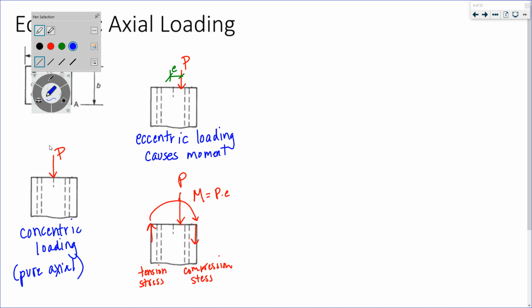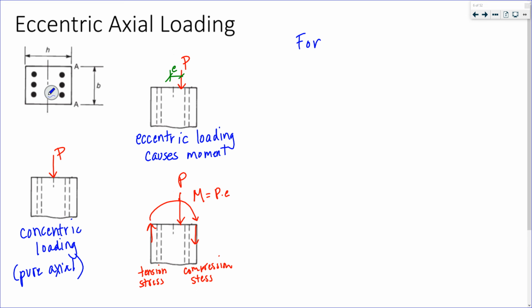If this were a homogeneous elastic column... Homogeneous means it's all the same material, which we don't have, but let's pretend, right?